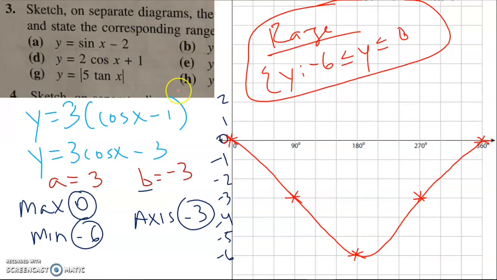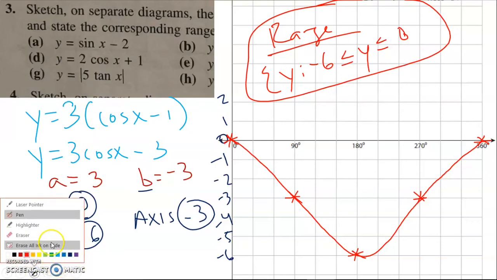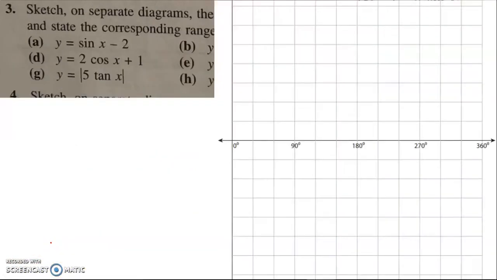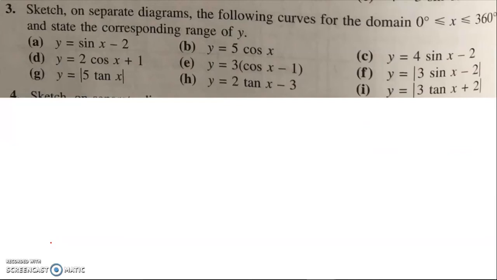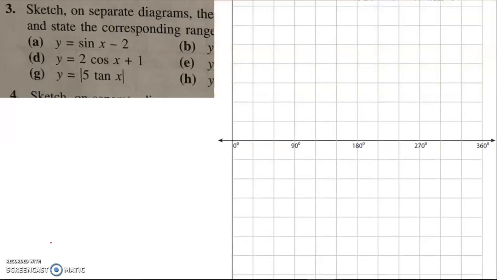Alright, let me do one more. I will do one of the absolute value ones. Okay, let's go ahead and do F, so we can at least do one of the absolute value ones and get that under our belt.